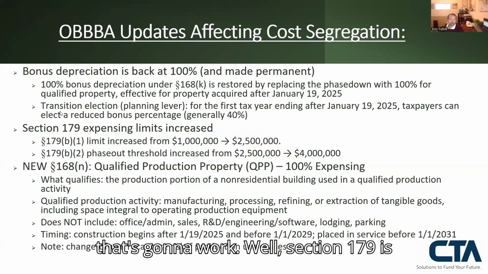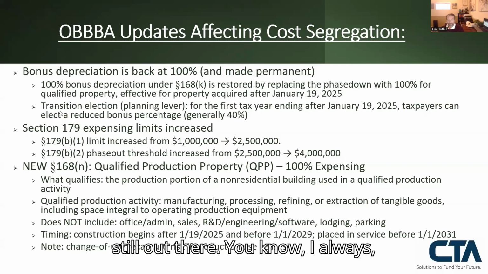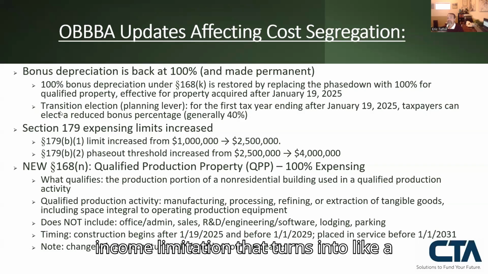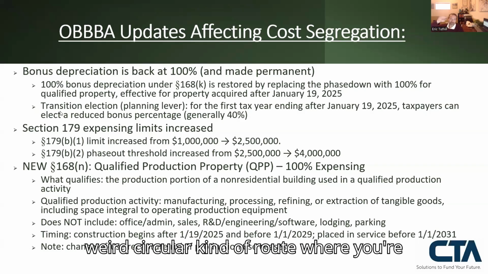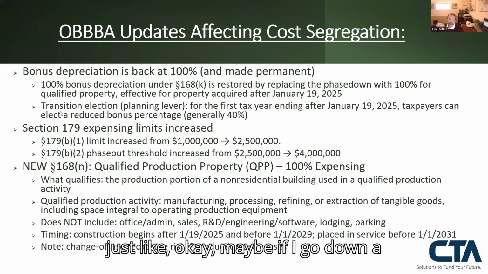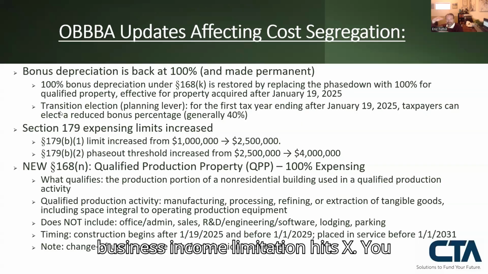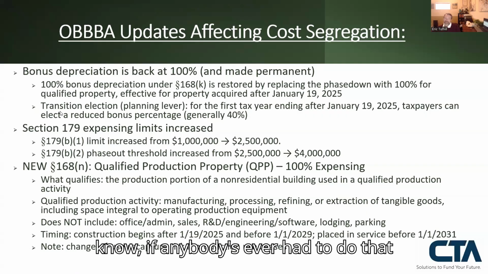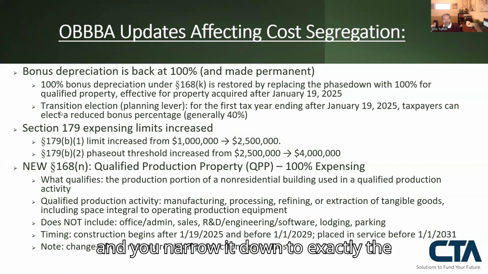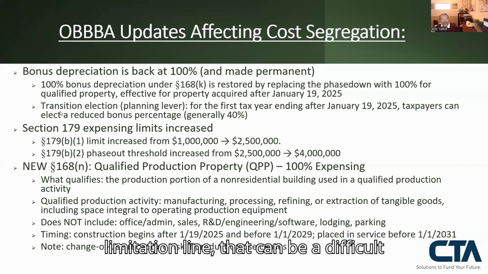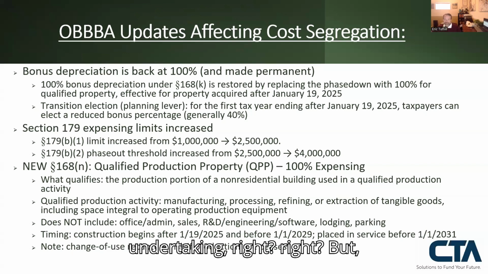Well, Section 179 is still out there. You'd always go into those things where you're like, what is the business income limitation? That turns into a weird circular kind of route where you're like, okay, maybe if I go down a little bit here and push that through, my business income limitation hits X. If anybody's ever had to do that, you narrow it down to exactly the right amount on the business income limitation line, that can be a difficult undertaking, right?